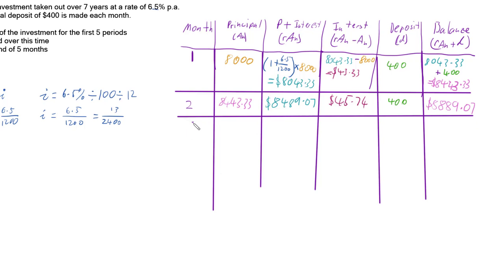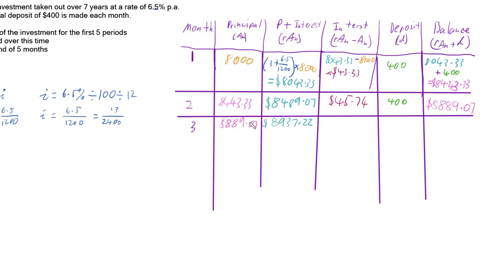We can now do the third month, and so we take our balance down, 8, 8, 8, 9, and 7. We can multiply this number by our R, which is 1 plus 6.5 over 1200, and that gives us $8,937.22.